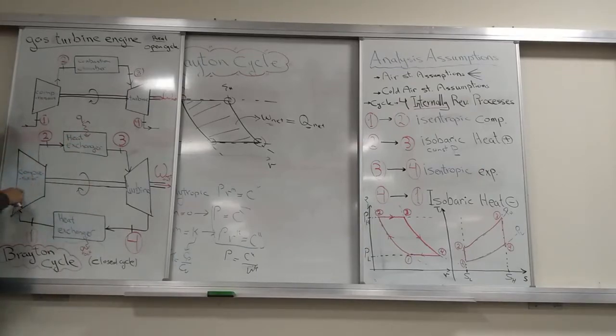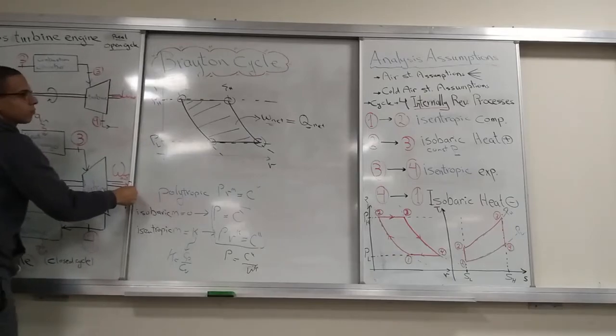Let's take, for example, the compressor stage. We know that the compressor stage takes place isentropically. And this isentropic process is performed between the P low and the P high. So the compressor itself is used to raise the pressure.